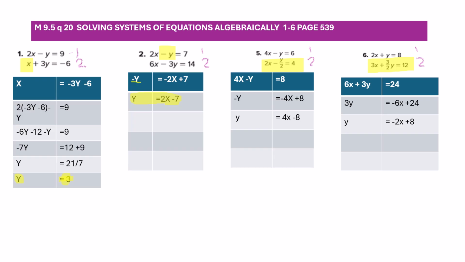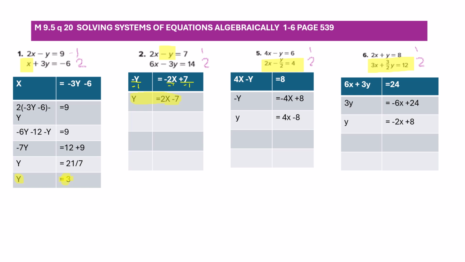So here you divide by negative 1, and the result will be y is equal to 2x minus 7. Once again, you substitute that in your second equation or your first equation. Then you find the value of x and then the value of y, and find your solution.